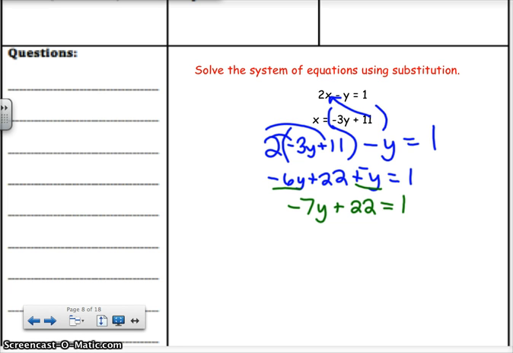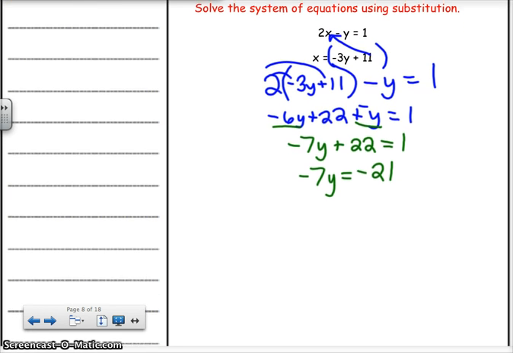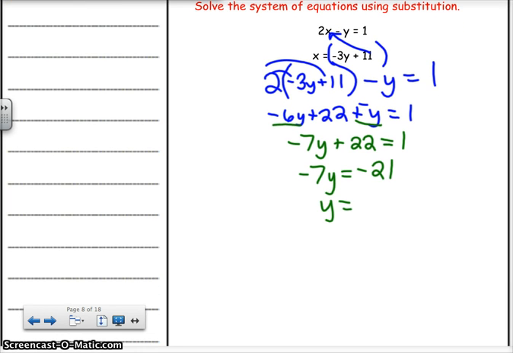Now I'm going to subtract 22. Divide by negative 7, and I'm halfway done. Only halfway, all that work for just being halfway done.